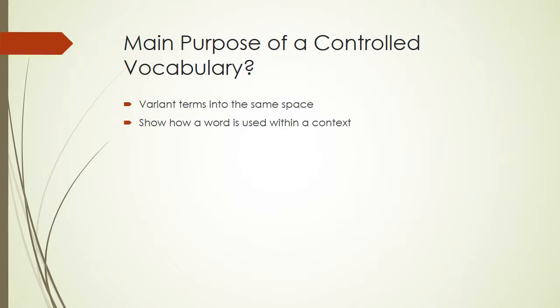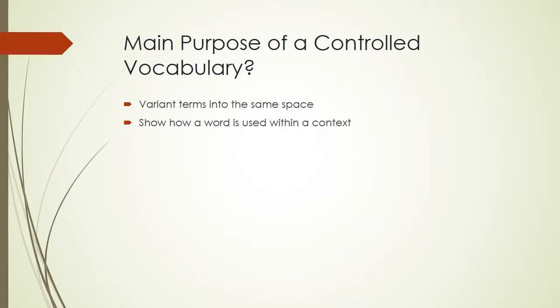One of the things I'm pretty sure I didn't make clear in Module 6 is the main purpose of using what's called a controlled vocabulary. There are two, actually. One is to take variant terms that all mean the same thing and try to bring them into the same space.